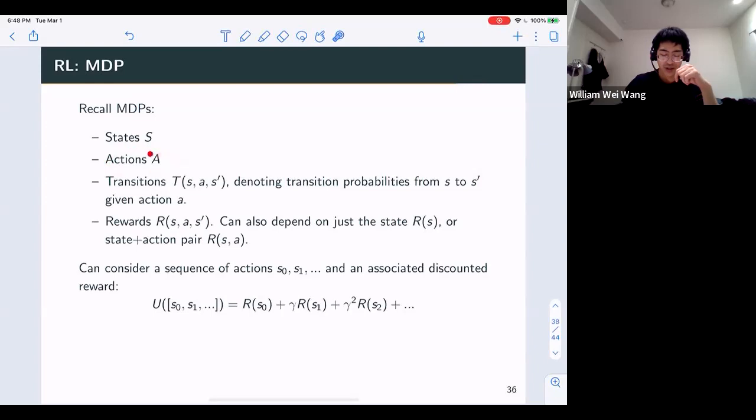You have actions, like up, down, left, right, what the robot can do. Then you have transitions: a robot is starting at S and taking some action, maybe moving its thruster or wheel to try to go up, and then S prime is where you actually end up.